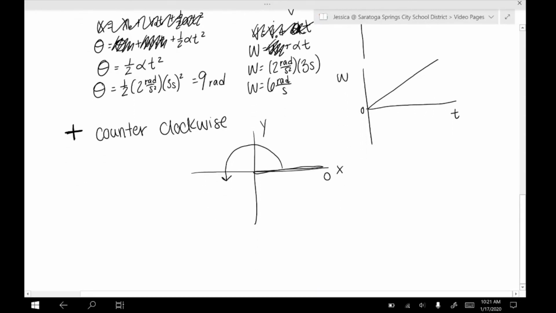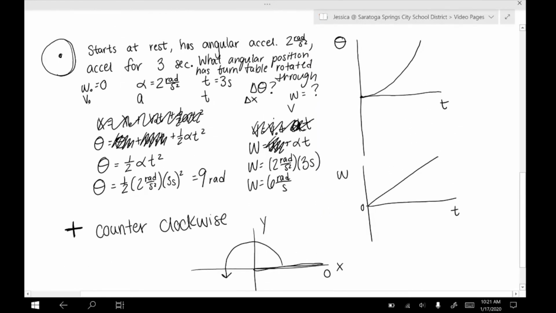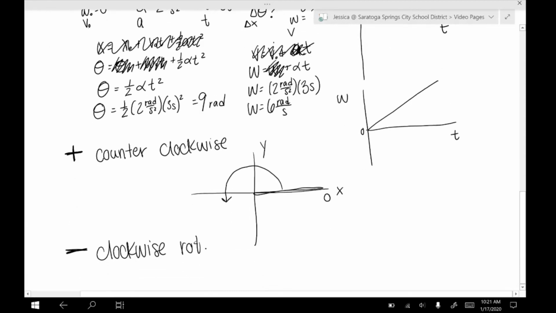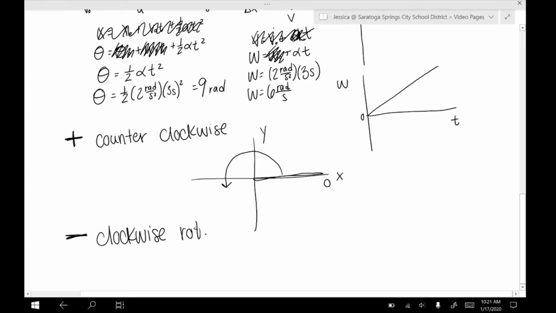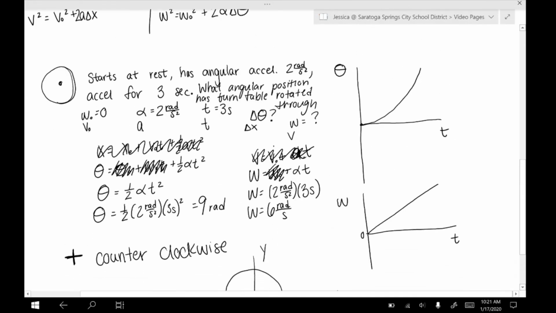So that's why we say the positive direction is considered counterclockwise rotation. The negative direction is clockwise rotation. Again, we can approach these problems as if they are kinematics problems. Everything that we learned in kinematics still holds true for rotation, just different variables. Positive is counterclockwise, negative is clockwise.